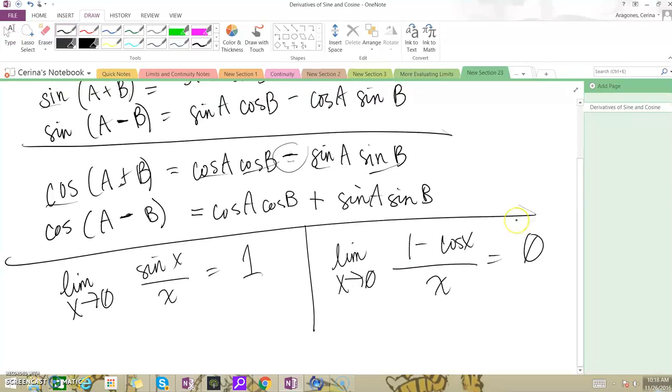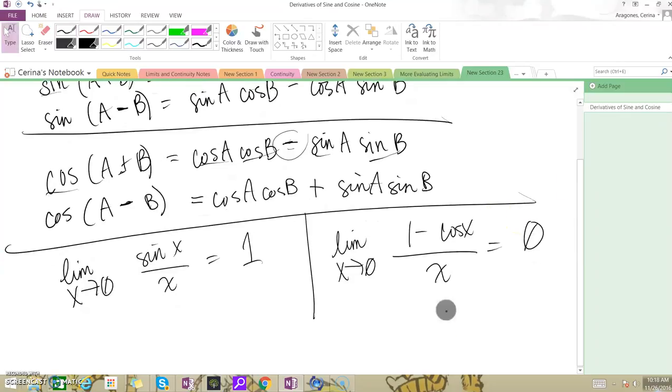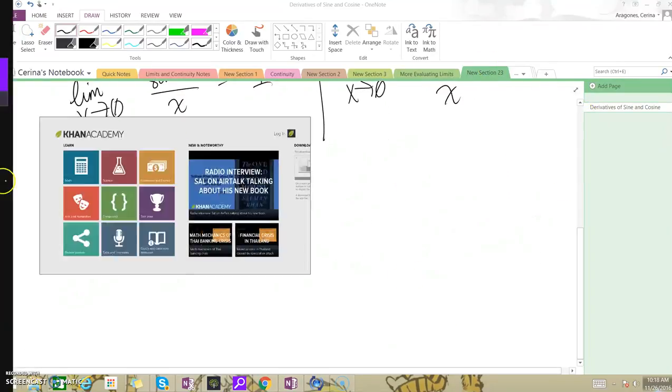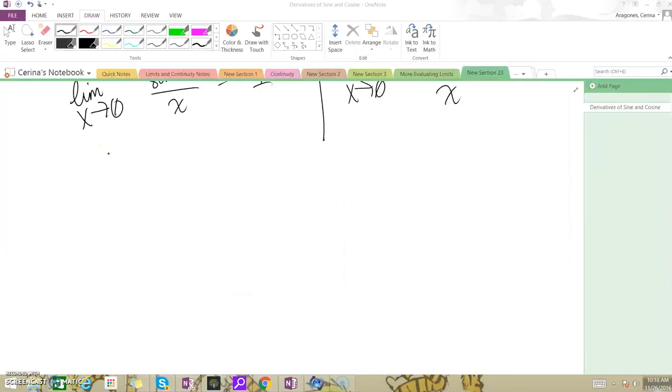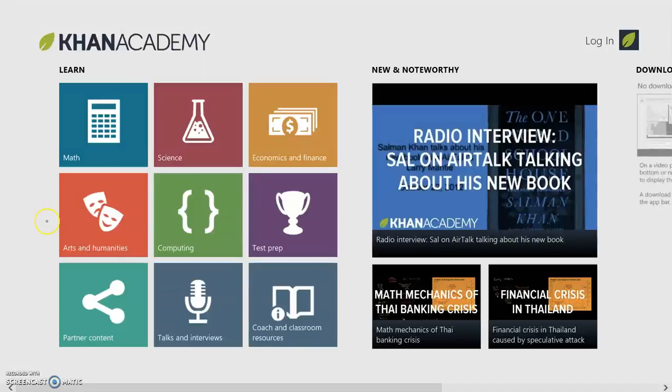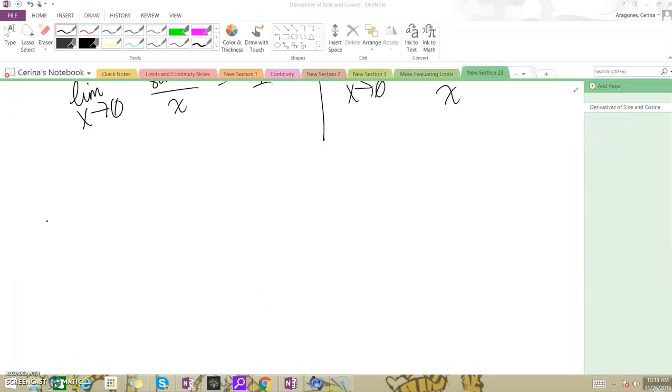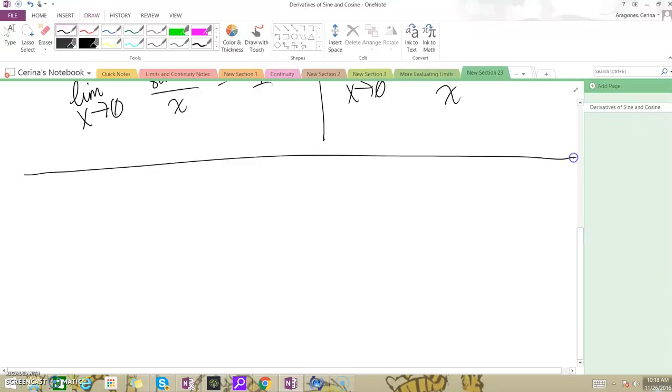So with all this, we're going to actually find the derivative of sine and cosine using the definition of the derivative. So let's start with sine. So we want our function to be sine.